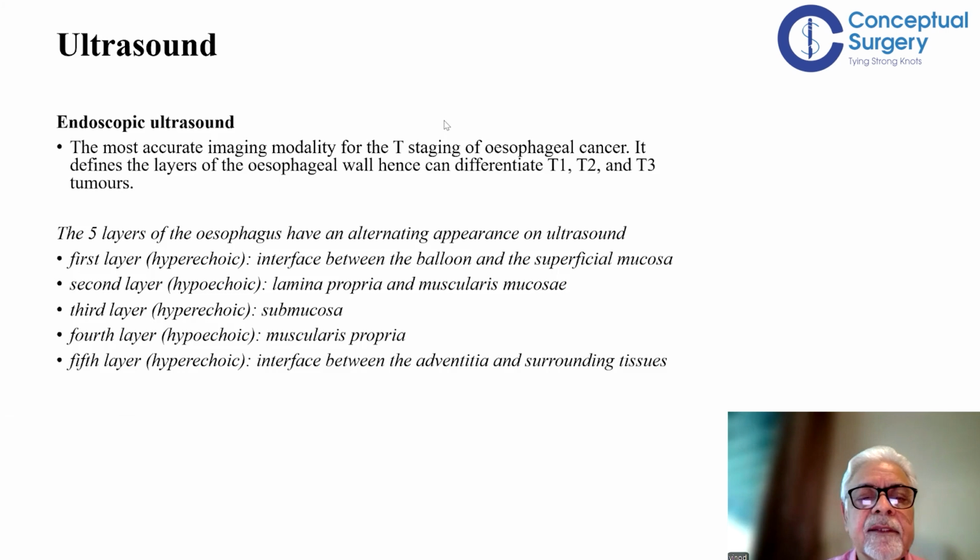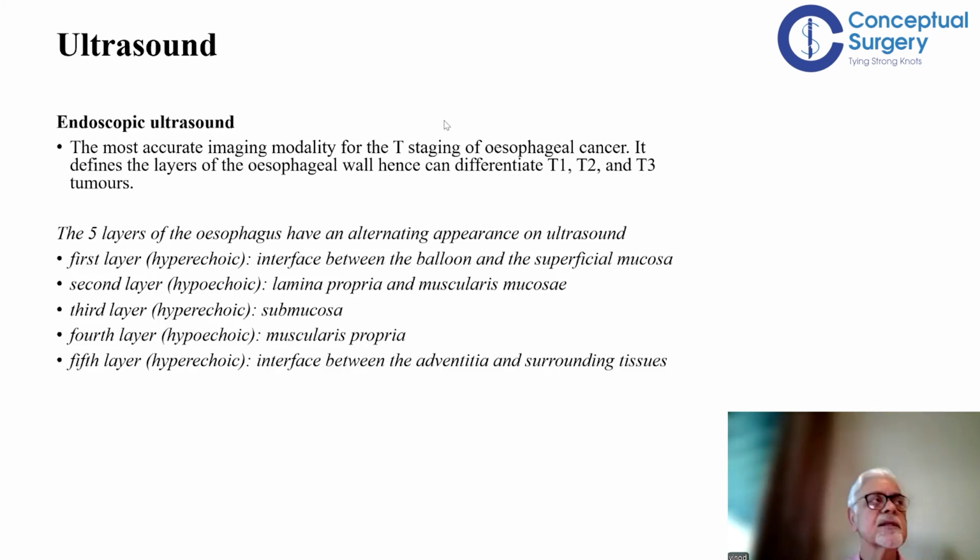Third layer is hyperechoic again, and that is submucosa. Fourth layer is hypoechoic again, and this is muscularis propria. And the fifth layer is hyperechoic, and that's the interface between the adventitia and the surrounding tissues. So by endoscopic ultrasound, one can find out the site of origin of the lesion, and in case of infiltrative lesions, the extent of infiltration into the periphery, into the adventitia.